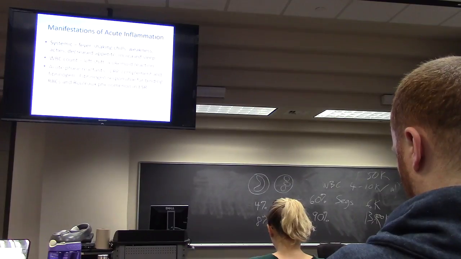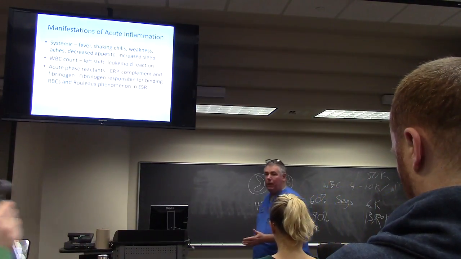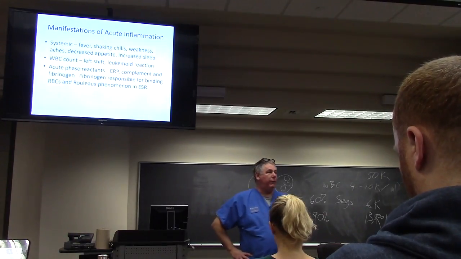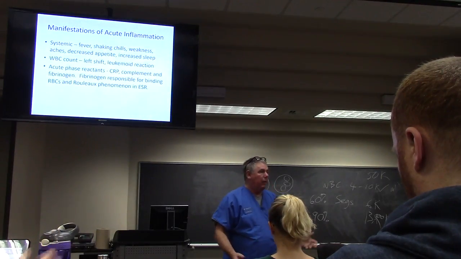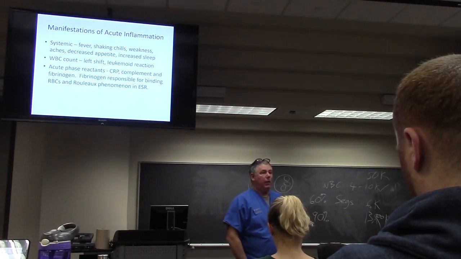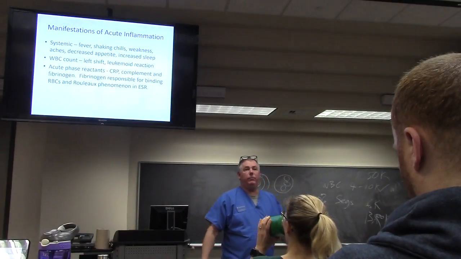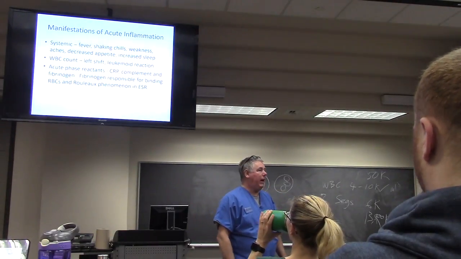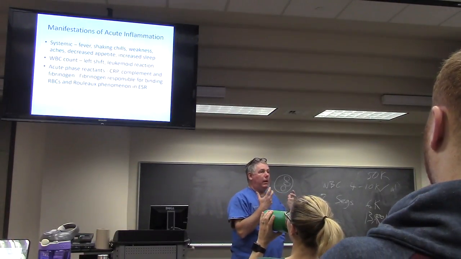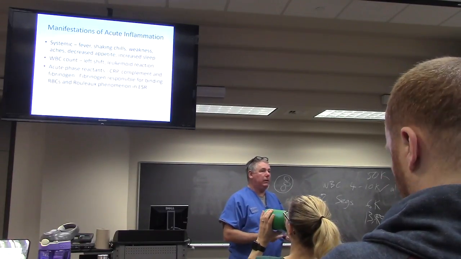In other words, if you have rheumatoid arthritis, they don't go up. But if you burned your skin or something, then they will go up. Or if you suddenly had a torn ACL, something like that, you will have an increase in these acute phase reactants.